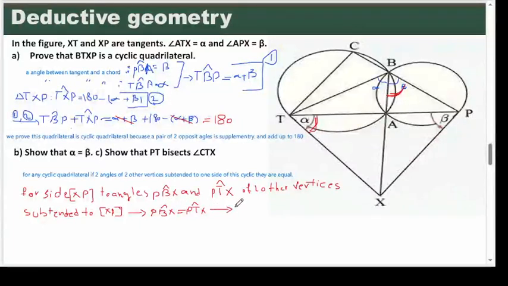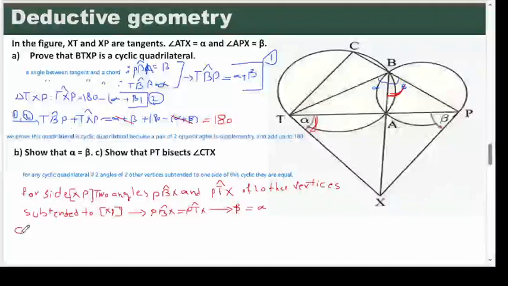That means beta equals alpha. Sorry, let me correct it. It says two angles. So I could prove beta and alpha are equal.